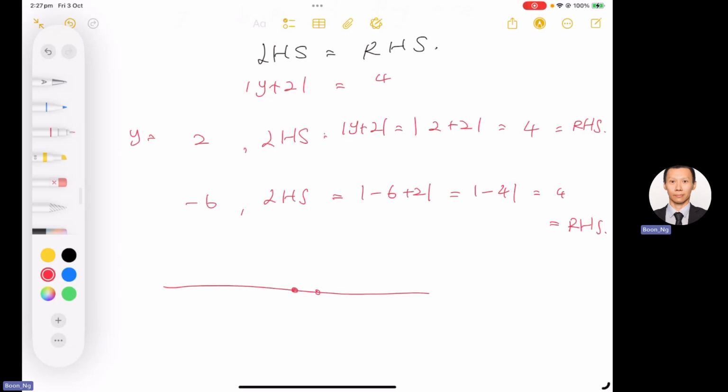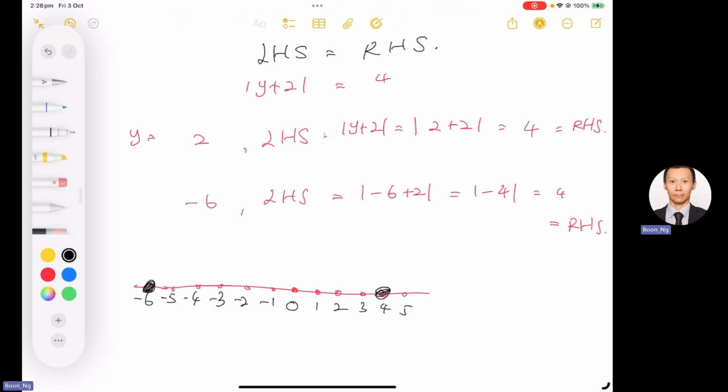This is 0, 1, 2, 3, 4, 5, 6. If this is 0, then 1, 2, 3, 4, and on the other side negative 1, negative 2, negative 3, negative 4, negative 5, negative 6.